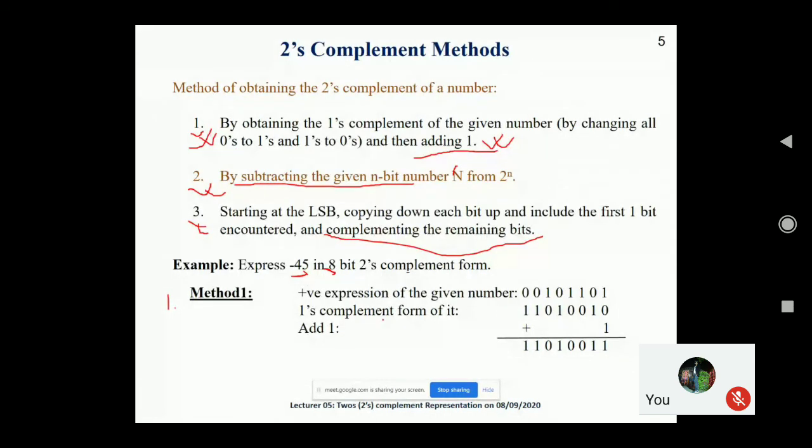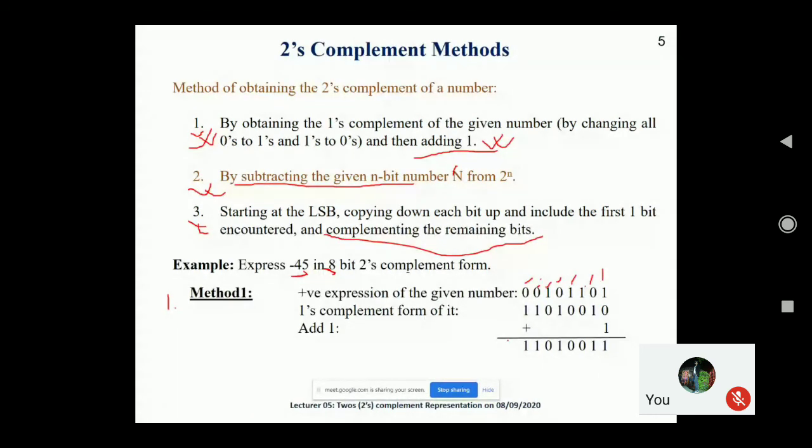Whatever binary sequence we write, we always write in 8 bits, because the question demands it. How many bits are there? 1, 2, 3, 4, 5, 6, 7, and 8.